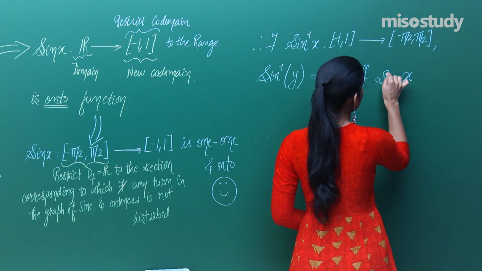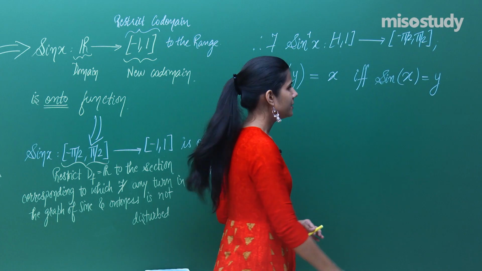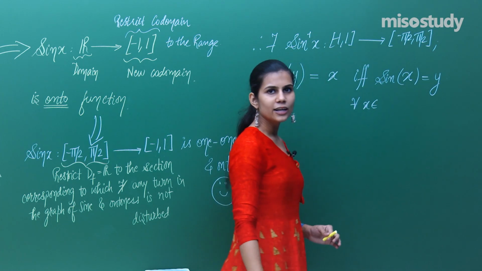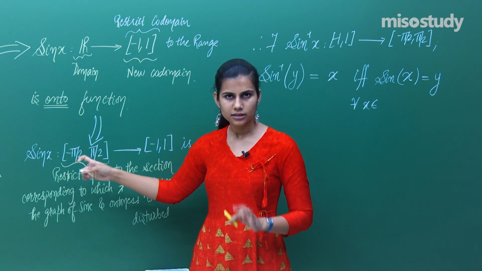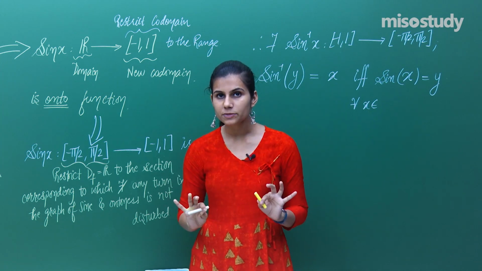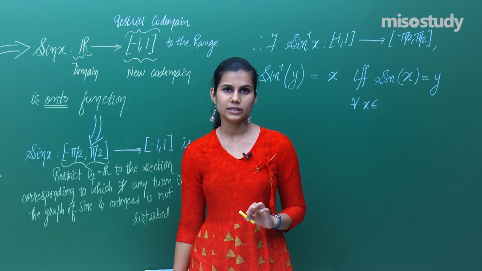That means sine of x is y. And this is true for every x belonging in where sine can only act upon. Here, I am only and only talking about sine acting upon those members which belong in the section over which the sine is 1, 1.